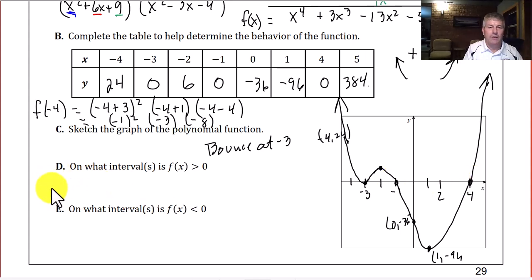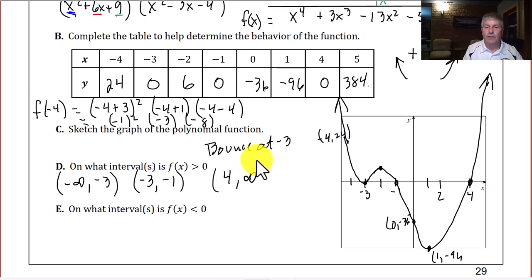So we'll write that as negative infinity to negative 3, and then again from negative 3 to negative 1. It's not inclusive because it's 0 at negative 3, and we want greater than 0, so it's got to be positive. And then also from 4 to infinity. So those are the positive ones.